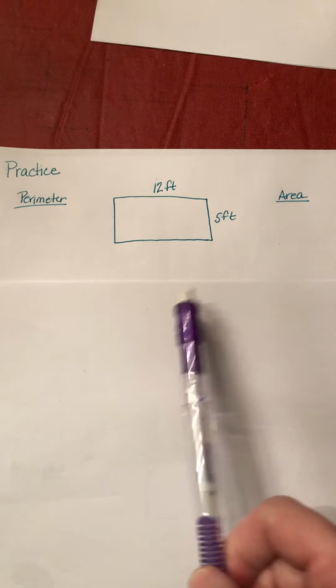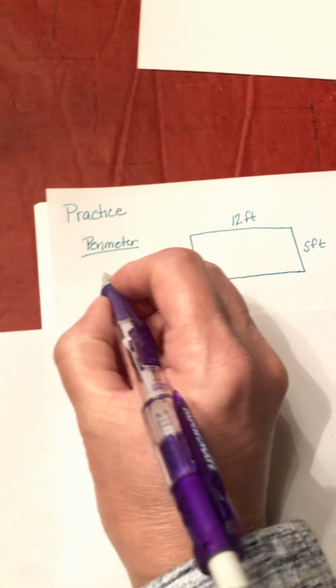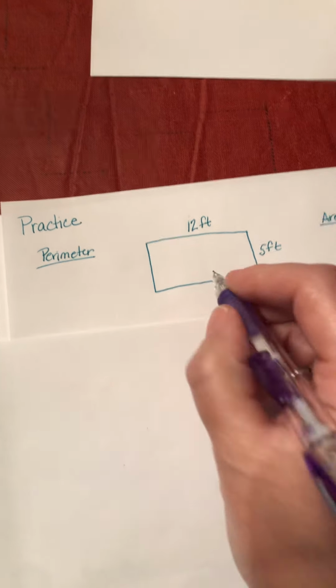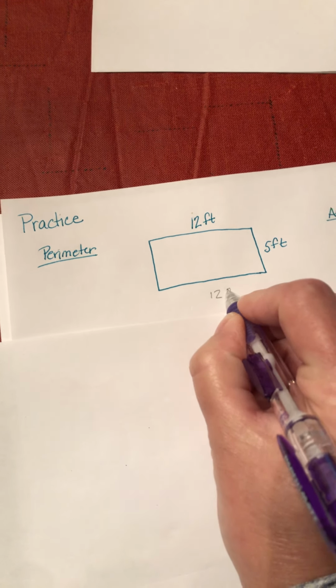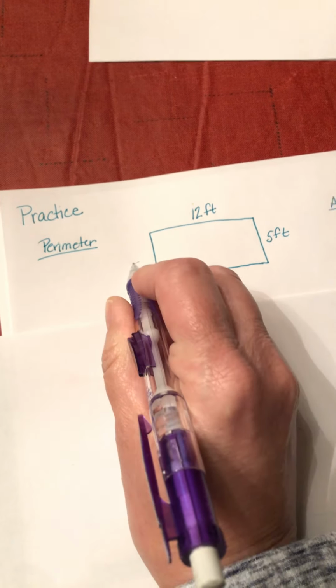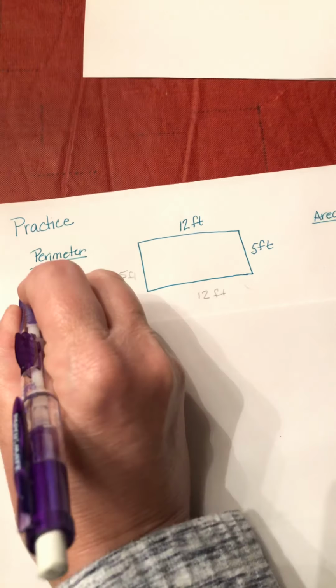All right, you have your dimensions for the first one. Go ahead and copy down that rectangle. Go ahead and pause your video and let's figure out the perimeter and the area. So again, you are going to make sure that you have all 4 sides labeled.